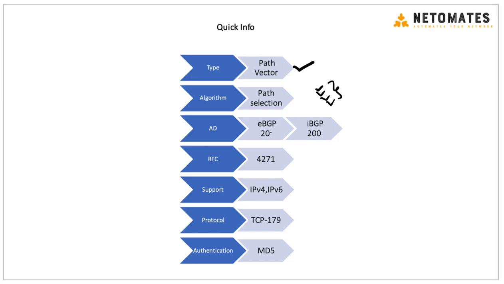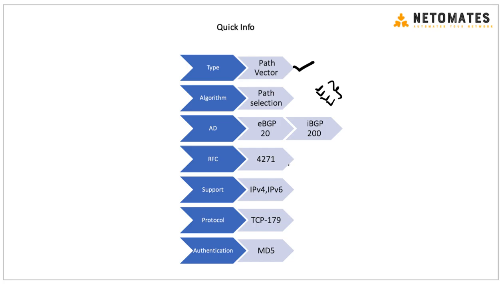As the lowest one is preferred, if the same route is learned by eBGP and iBGP on the same router, it will select the eBGP route because it has the lower AD value.